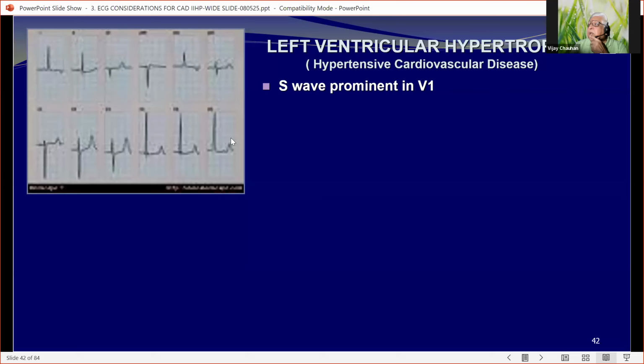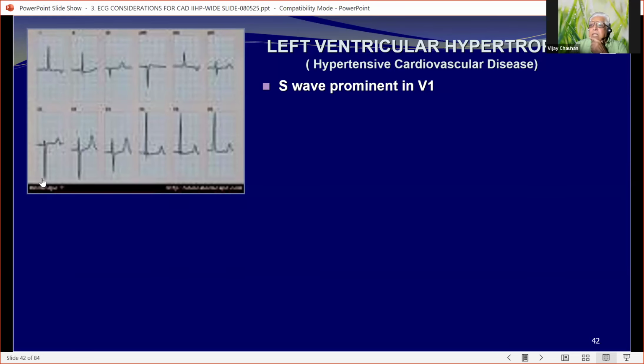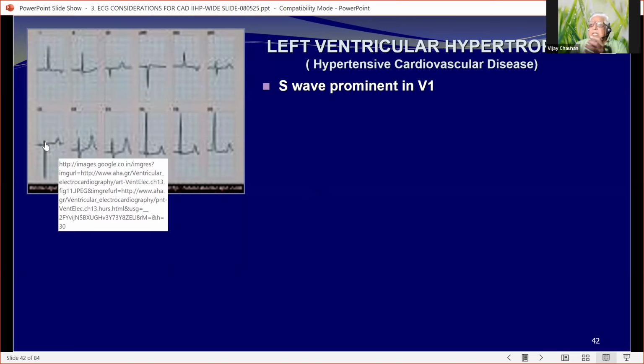So S wave is prominent in V1. Can you see the S wave prominent? This is S wave. This is S wave. S wave is prominent because the major muscle mass is the left ventricle and electrical forces are going towards the negative side. R wave is because of electrical activity in the right ventricle.